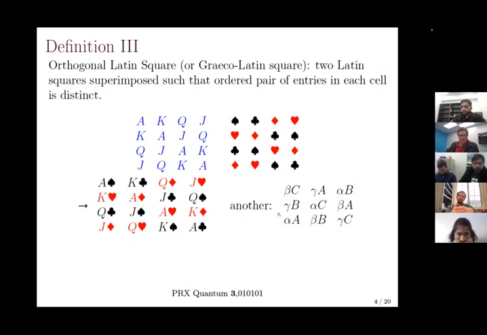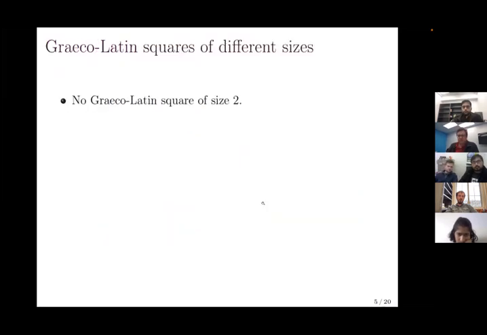And this is another Latin square. This is also called a Greco-Latin square because, if you look at this 3x3 orthogonal Latin square, it's basically ordered pairs of Greek letters and Latin letters.